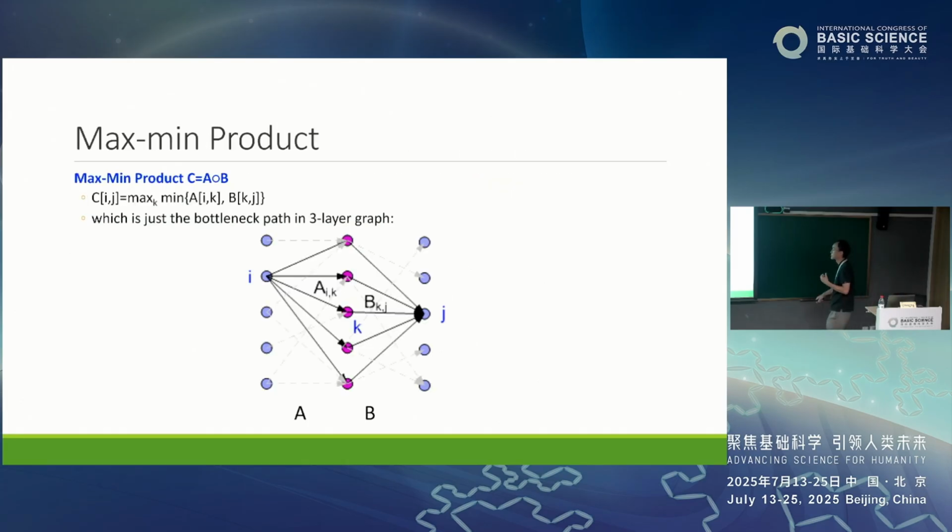So the matrix operation related to it is the max-min path product. The max-min product is the minimum of A_ik and B_kj, and I want to maximize it.